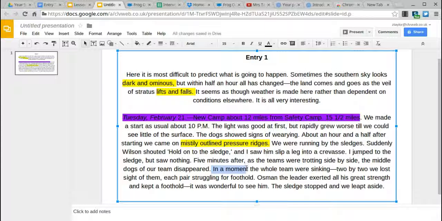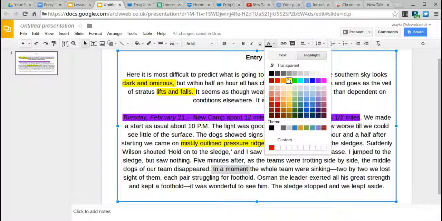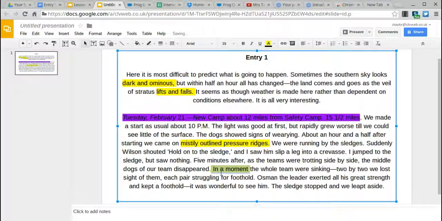So even though this is a factual text and this is Scott settling down to write his diary at the end of a hard day, he still manages to get in all of these phrases which start to build up a sense of time. Okay? So you've got words like suddenly, linking to a dramatic event. You've got later on 5 minutes after, in a moment, adding drama and tension.